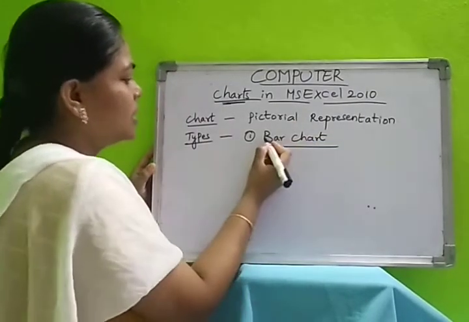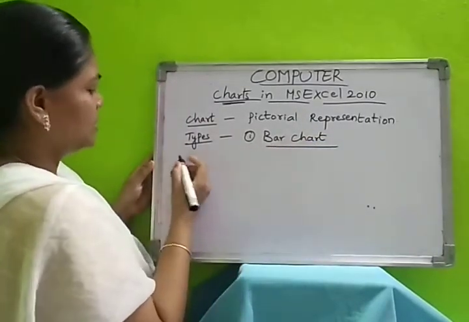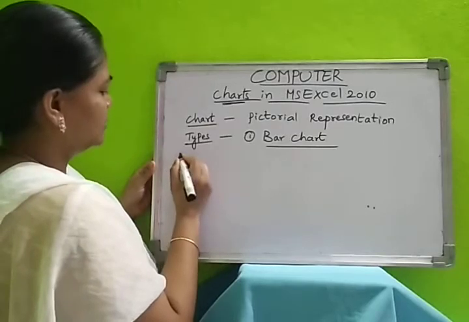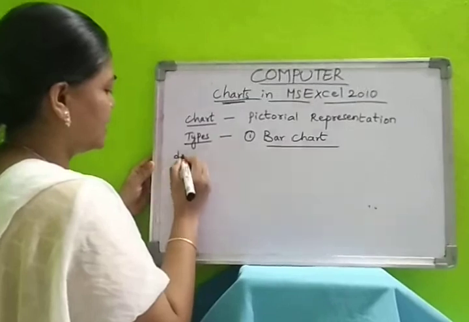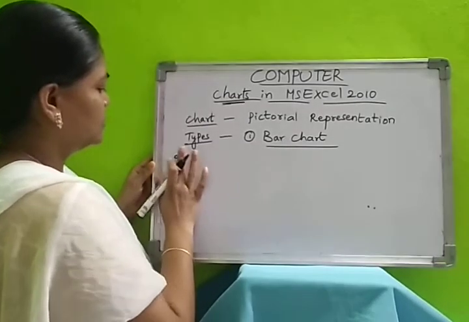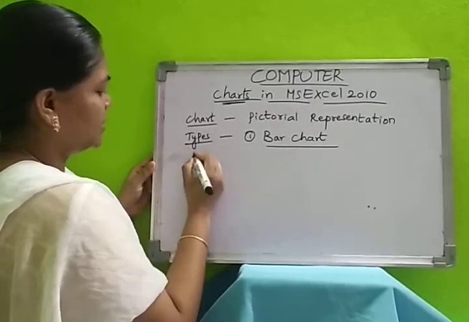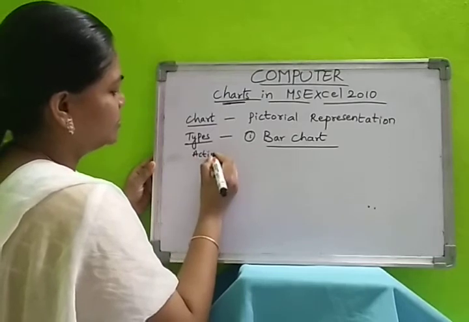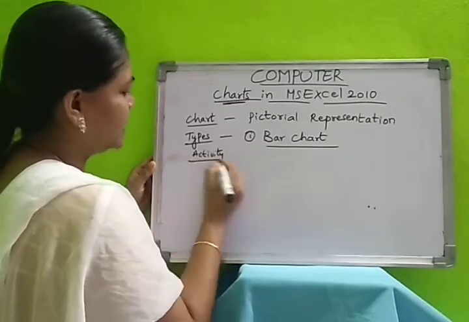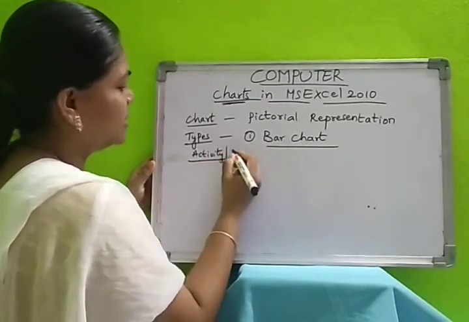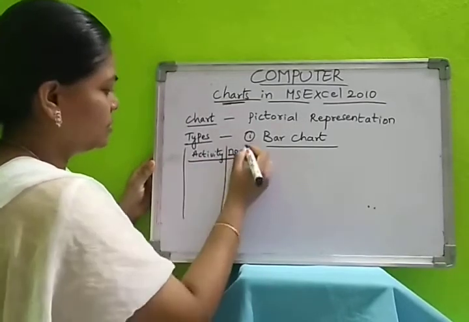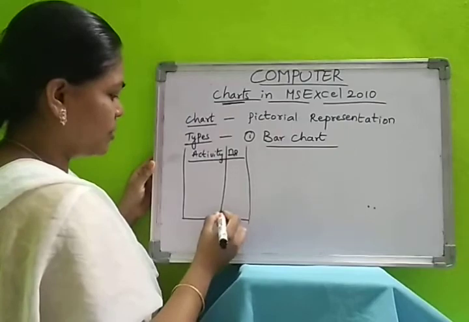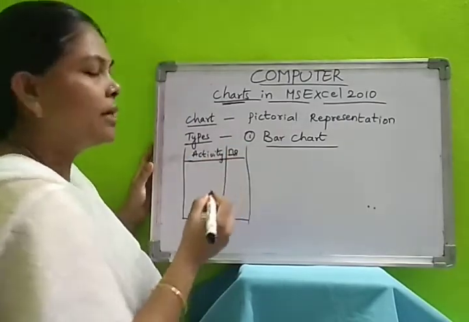Suppose here I am taking the example of some activities. In this we have given different activities, dance. So here is the activity table. In the table we have to select the values: activity and number of people. Who follows those, who has those hobbies, we will create one table here.